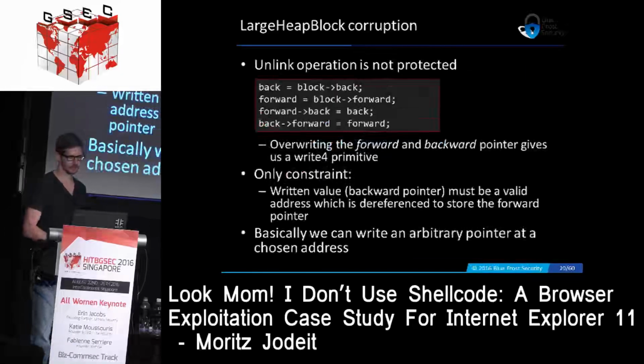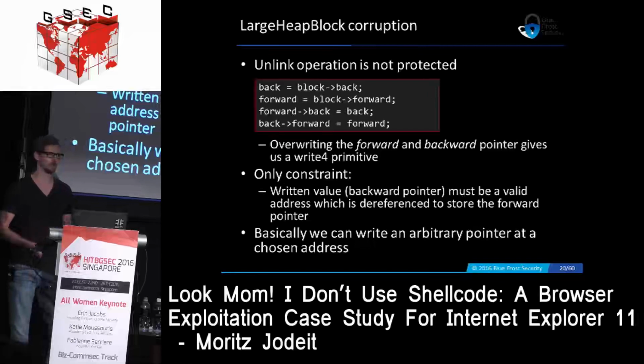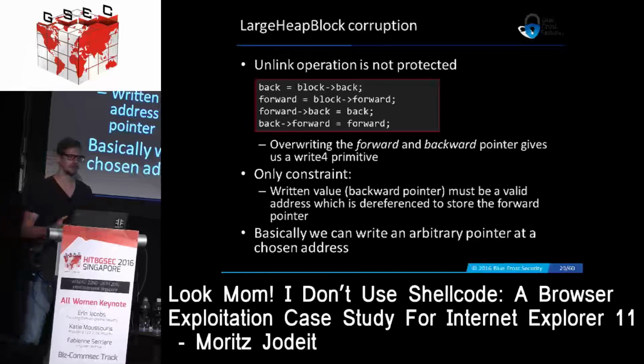However, it turns out they are not. It's really a simple doubly linked unlink operation, and you can exploit them like you did in the past when corrupting heap metadata, for example. By overwriting the forward and the backward pointers, you easily get a write 4, or in this case, a write 8 primitive. You have this constraint that the backward pointer actually has to be a valid address, because it's dereferenced to store the forward pointer. However, in the end, it gives us the ability to write a pointer to an arbitrary address in memory.